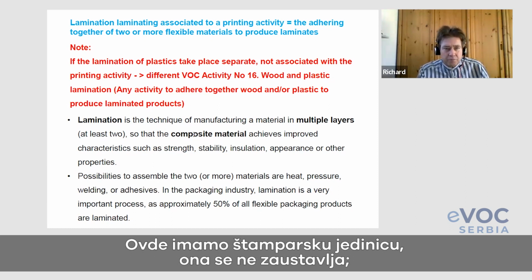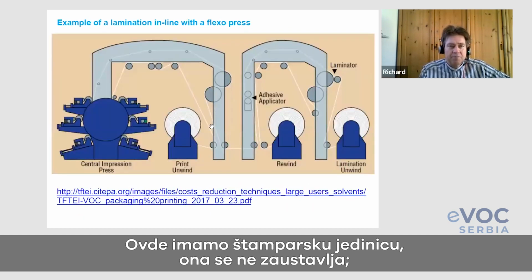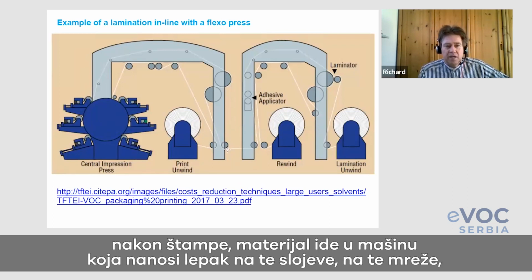About that lamination, we have reported in the last training, you remember. Here is an example. You have the printing unit, and it is not stopping after the printing. You see here it goes to an adhesive applicator, where adhesive is applied on the layers of the web.